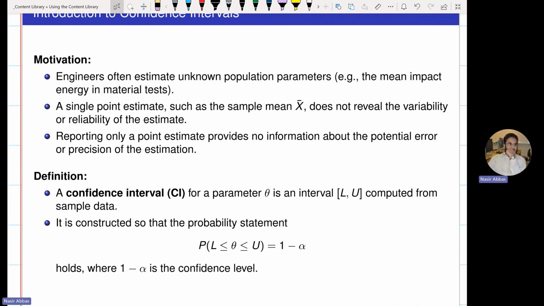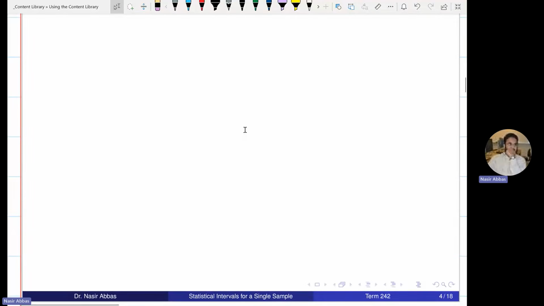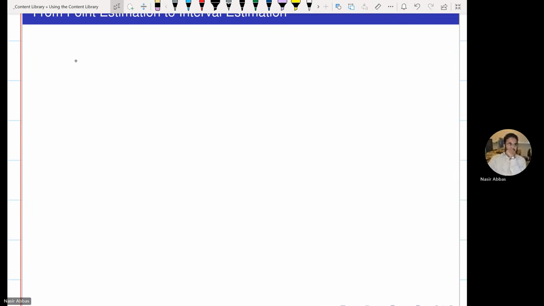To give you a little more detail about what actually is happening, let me go to this empty slide and let me make a map for you. So suppose you have a random variable X, and here is the population.